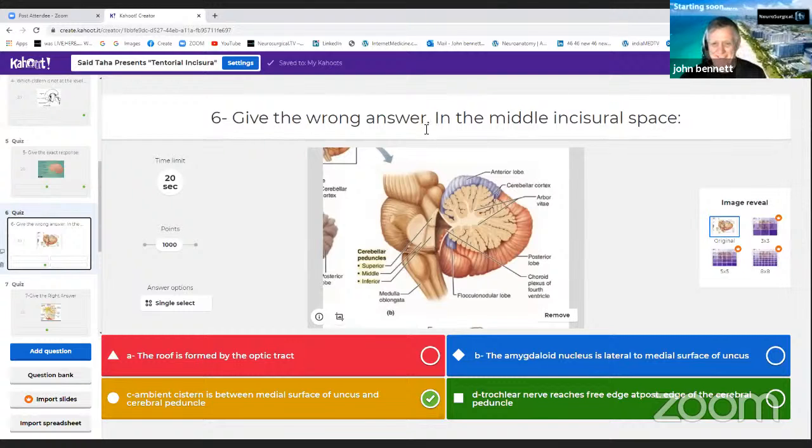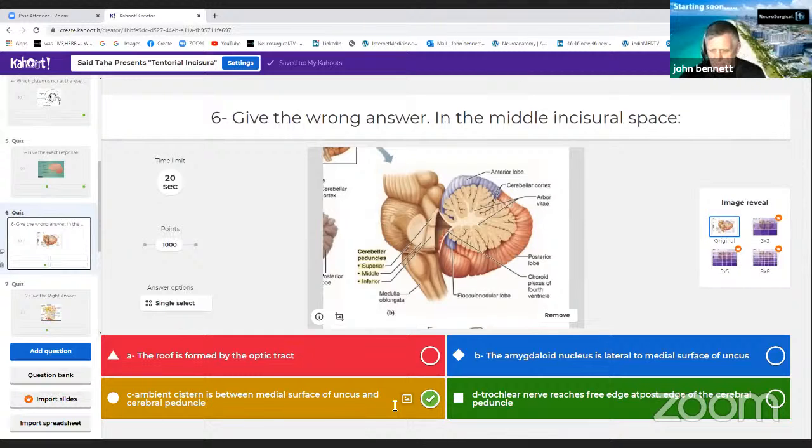No, it's a wrong question. It's okay? No. Okay, what do you want to do? Wait, excuse me, I want to change this. This ambient, we change it by medial surface of the ankles and cerebral peduncle.